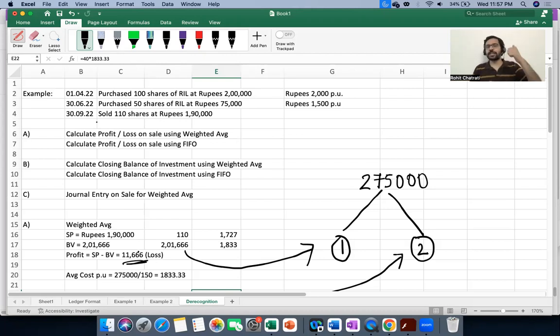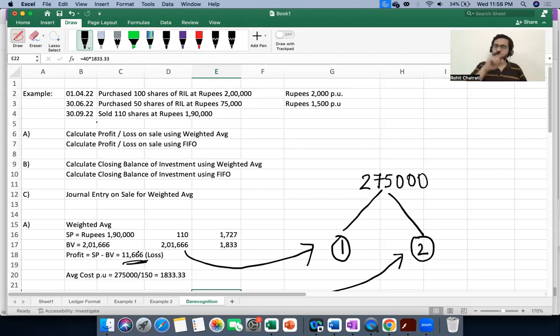So two journal entries: one, bank account debit 1,90,000, investments credit 1,90,000. Second journal entry, loss on sale of investments debit 11,666, credit investments 11,666. On a totality basis, investment was credited by 1,90,000 plus 11,666.